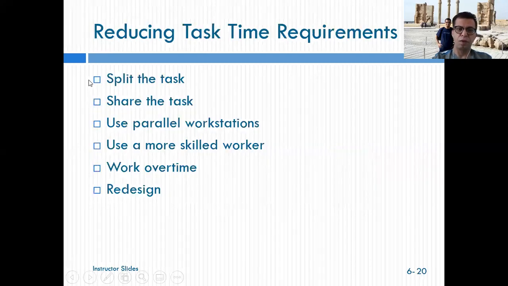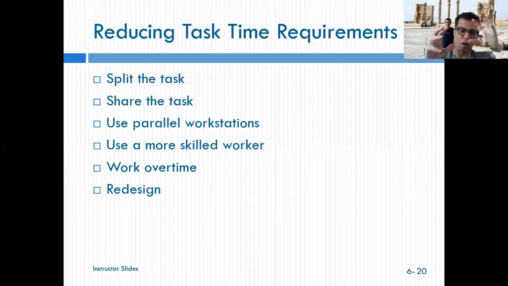Now, to reduce the task time requirement, there are different options we can work on. One is we can split the task. The second, we can share the task. We can use parallel workstations, and I will show you the shapes and how they look.